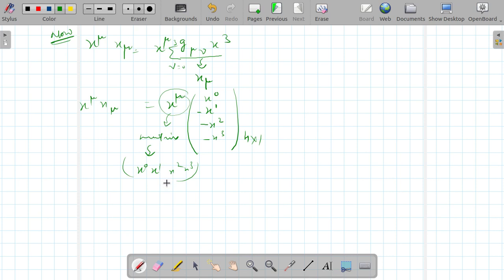Because this is possible, I simply applied the idea of matrix multiplication here. So this x mu must be equal to x naught, x1, x2, x3 times x naught, minus x1, minus x2, minus x3.